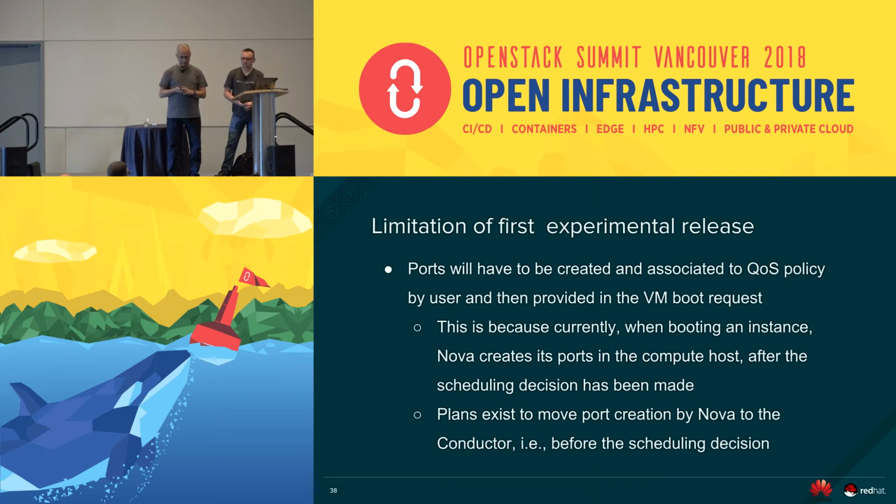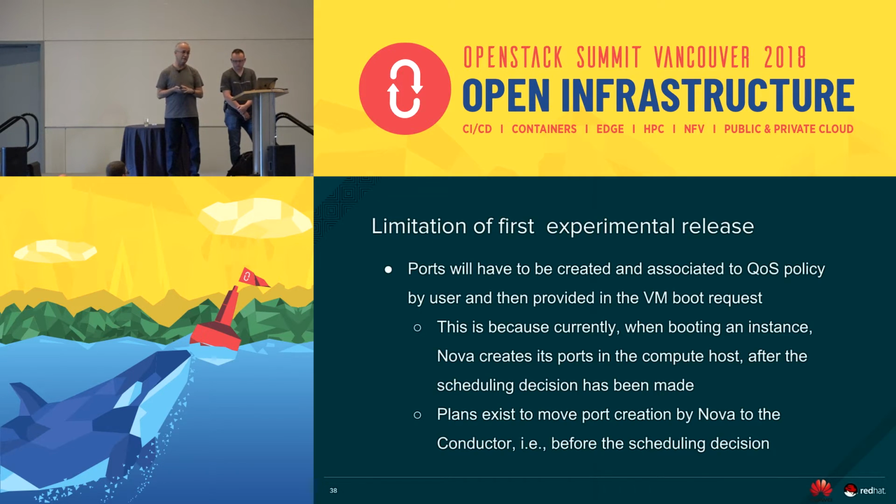Limitations of this first experimental release: the big limitation that we are going to have in this cycle is that the port where you apply the minimum bandwidth rule has to be pre-created by the user, and then you take that port and give it to Nova in the instance creation command, instead of specifying a network.